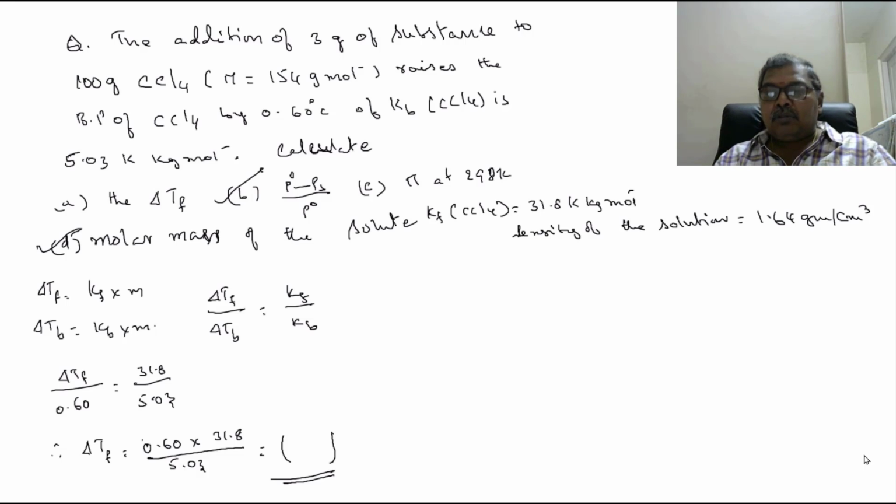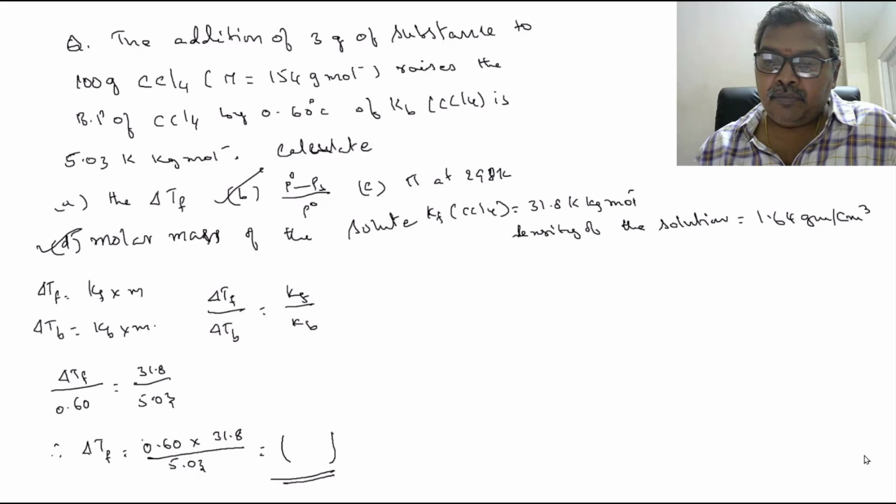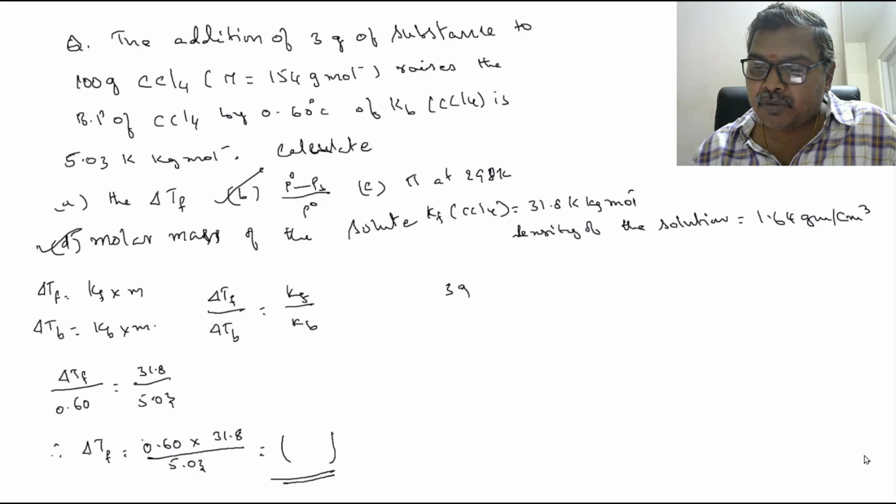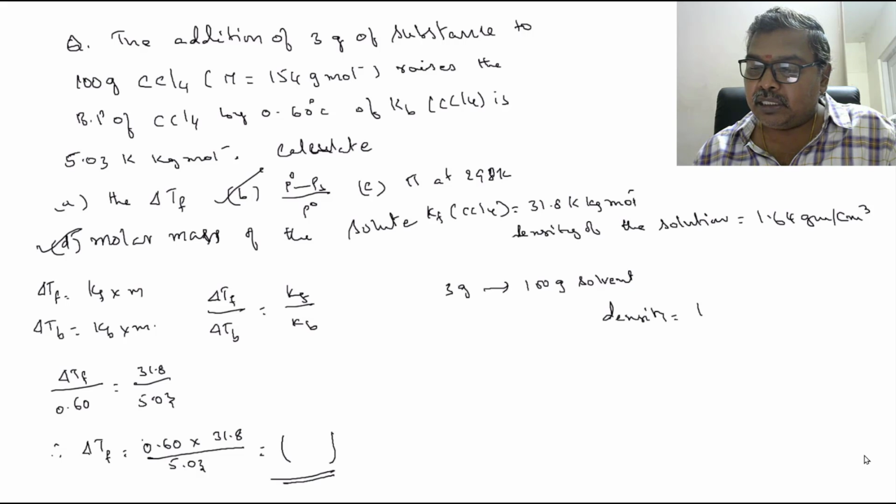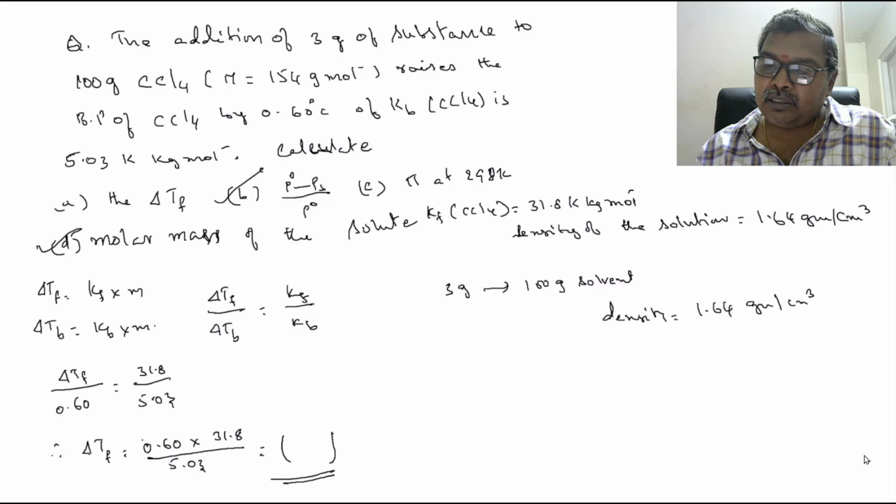Now, here 3 grams of substance is dissolved in 100 grams of solvent. So here you use the density of the solution, which is given as 1.64 grams per cubic centimeters. What is the total mass of the solution? 103 grams.